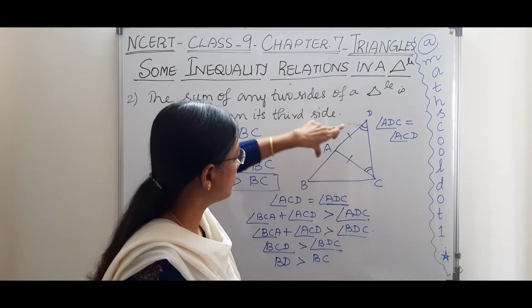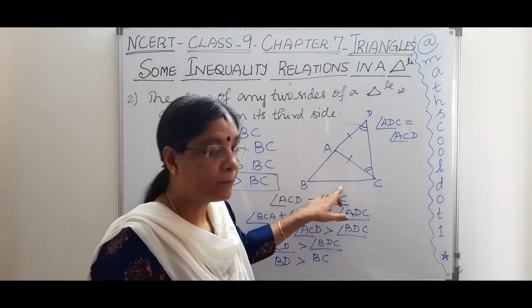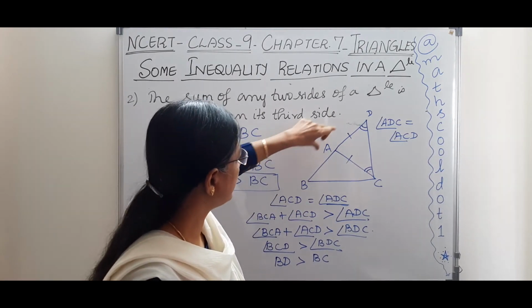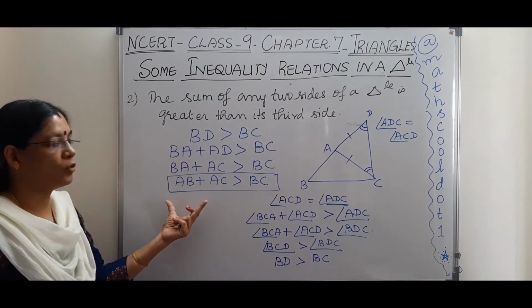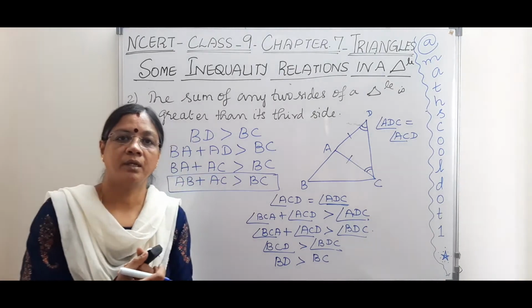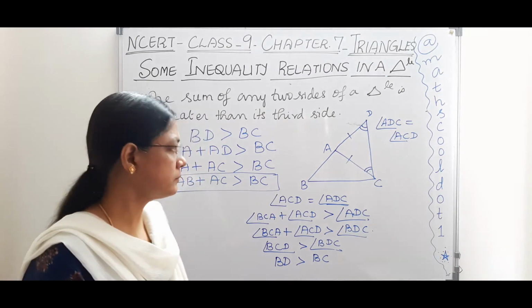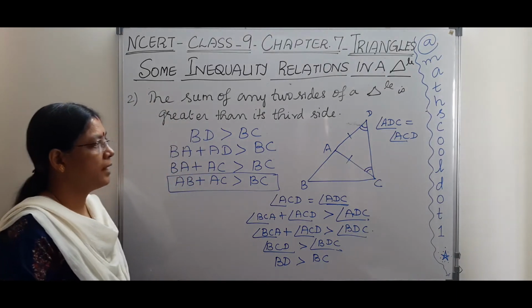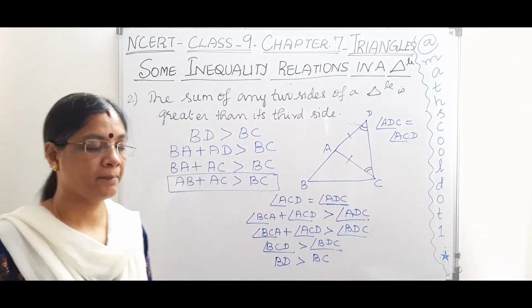The side opposite to this angle is BD, and the side opposite to this is BC. But BD is nothing but BA plus AD, and AD is nothing but AC. So AB plus AC is greater than BC, and that is how this inequality relation is proved. Now just check this out, and we'll move on to yet another inequality relation.